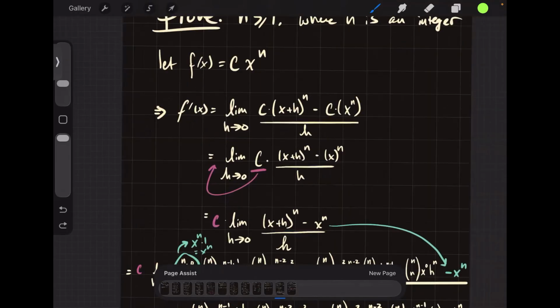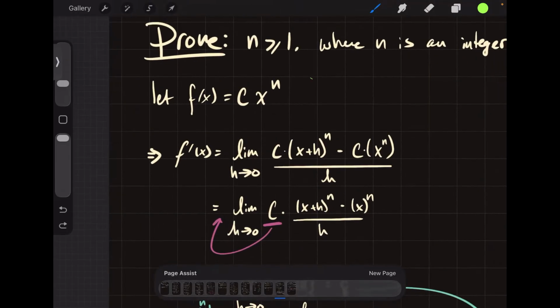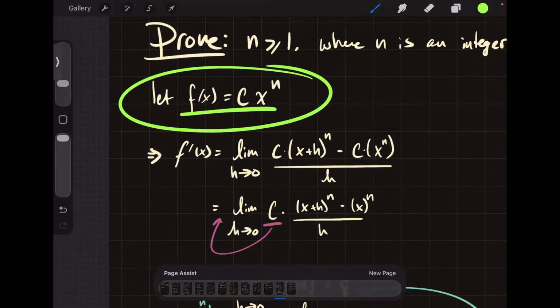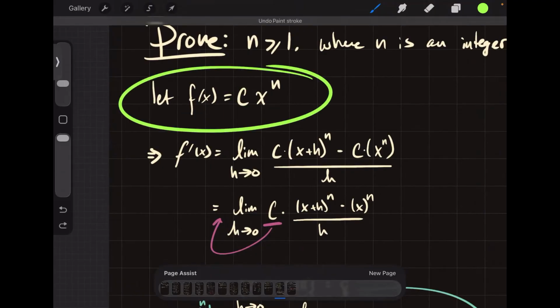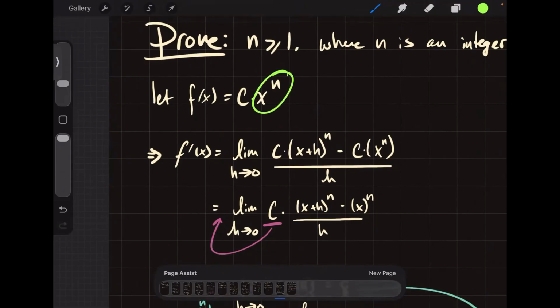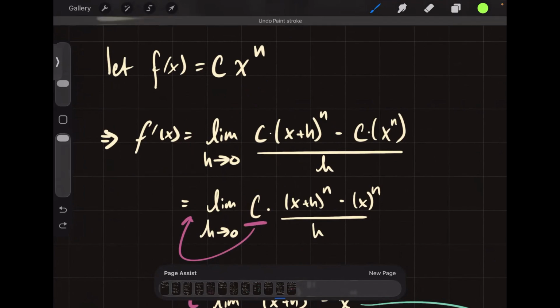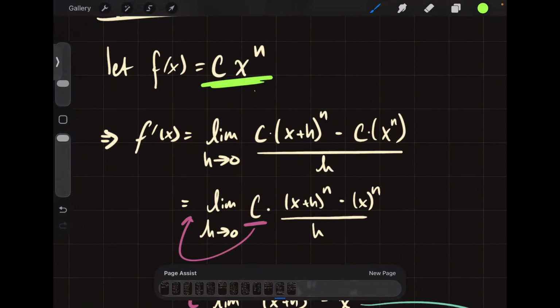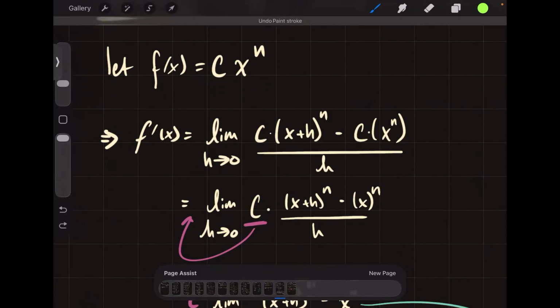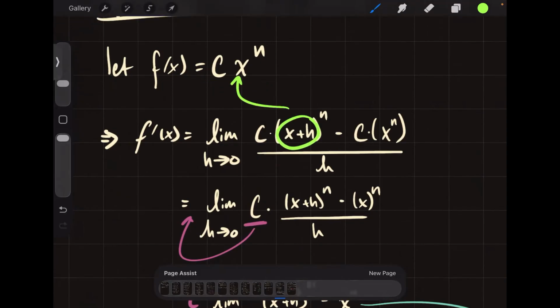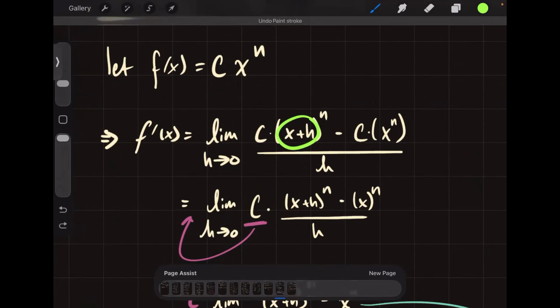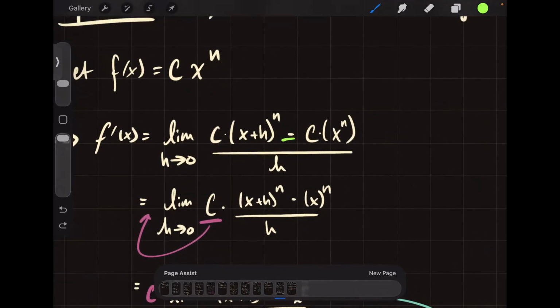Okay, so let's consider some function f of x equal to c, some constant, times x to the power of n. By definition, we know that f prime of x is going to equal the limit as h approaches 0 of f of x plus h, so you just have to substitute x plus h in, minus the original f of x, all over h.